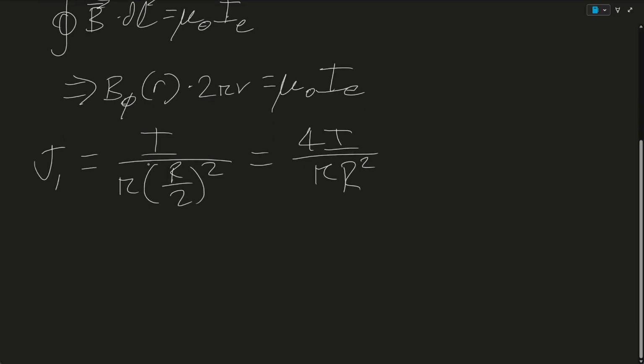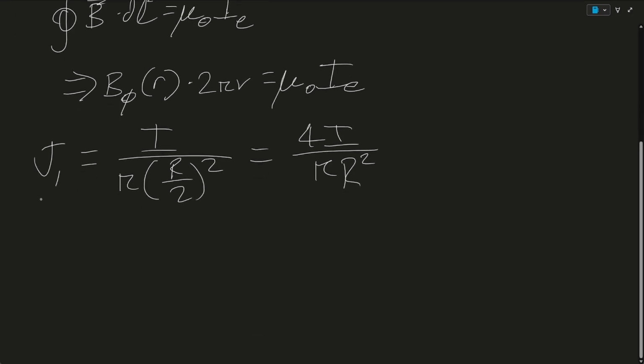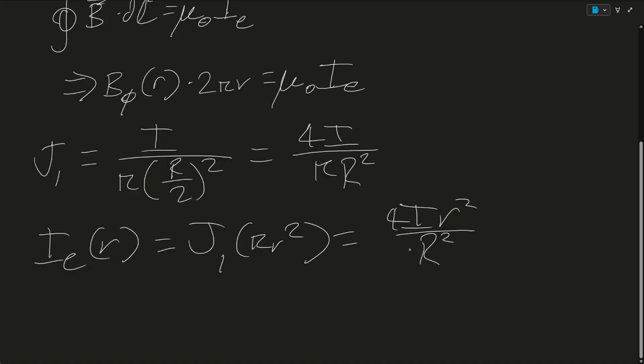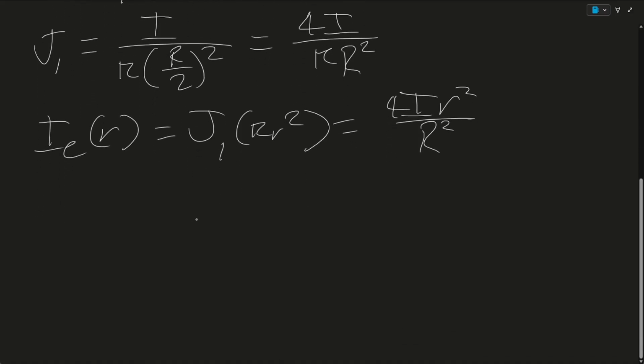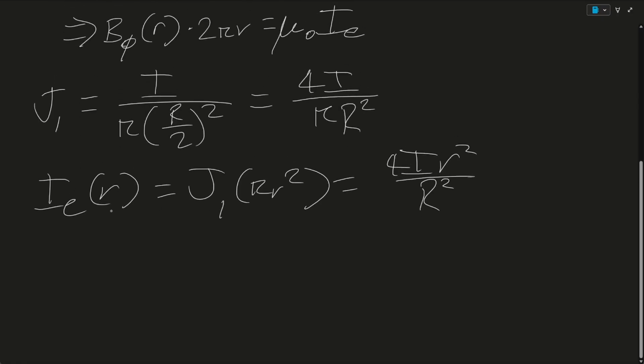And for some radius r, which we've already established is inside of that region, the current enclosed, as a function of r, should be J sub 1 pi r squared, which is 4I r squared over big R squared. Now we apply Ampere's law here.